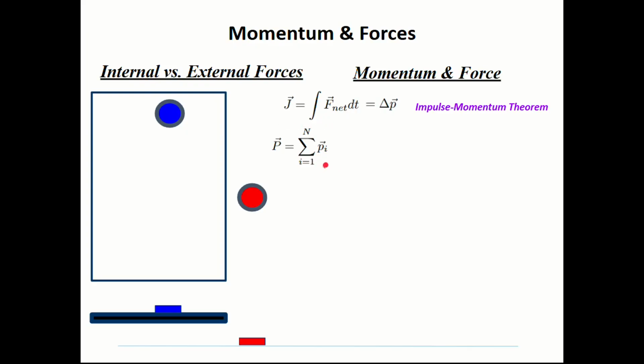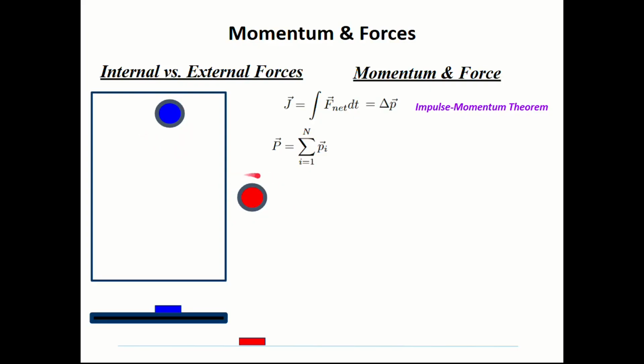This summation represents taking more than one momentum vector, represented by this: p_i summed from i equals 1 up to n. So what does this mean? If I say that n is equal to 2, that can represent these two pucks over here. I have one puck here and another puck here.